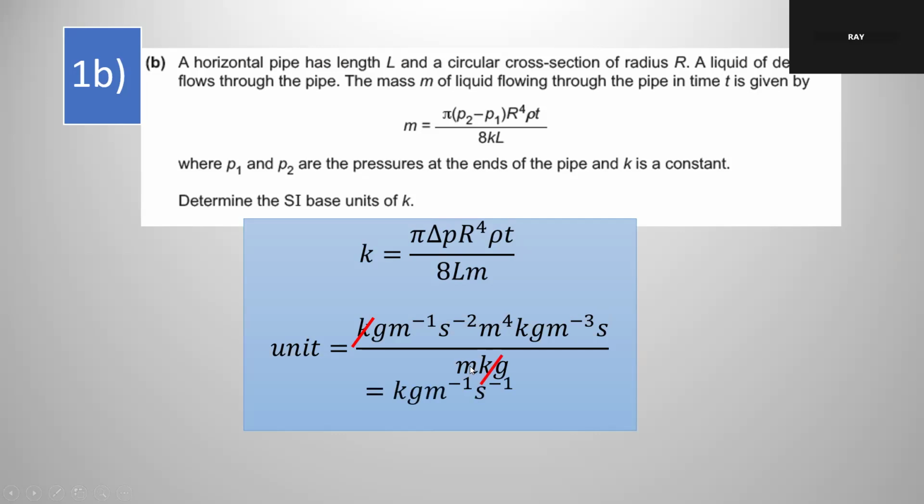Right? There's a minus 1 here, plus minus 1. So this one and this one will cancel off. You still got minus 1. Then s minus 2, so you get s minus 1.